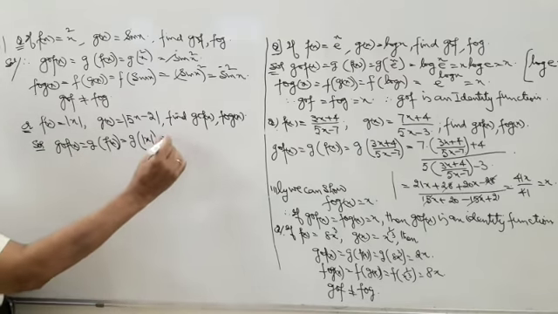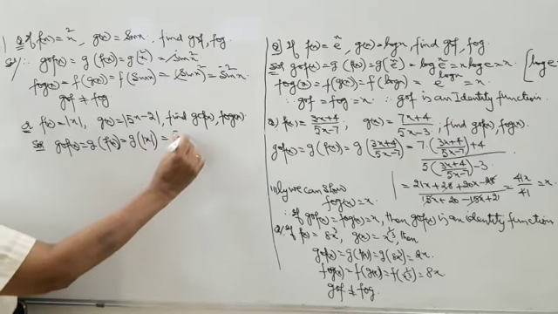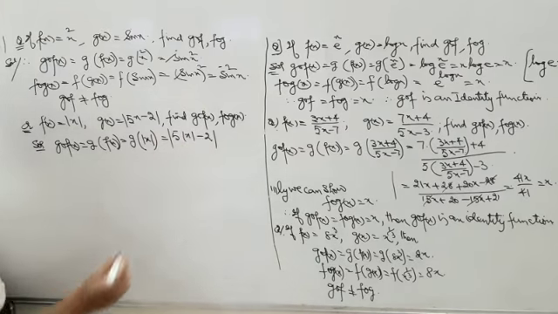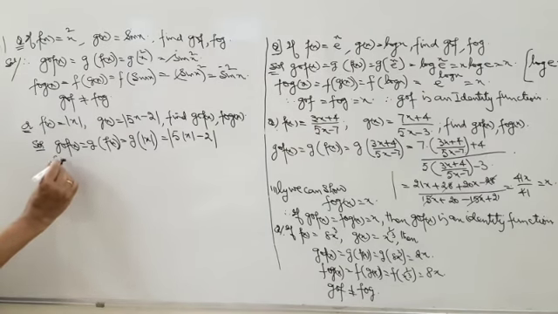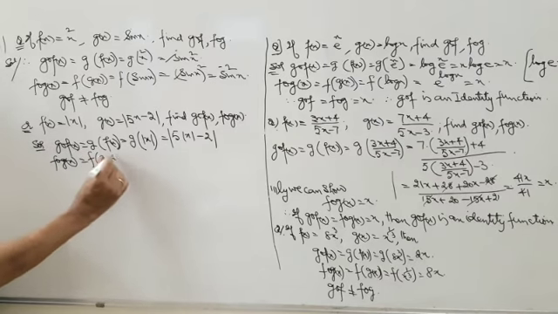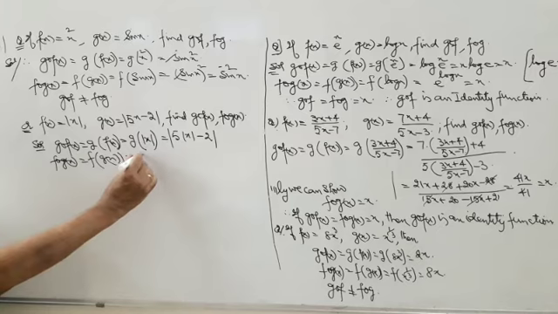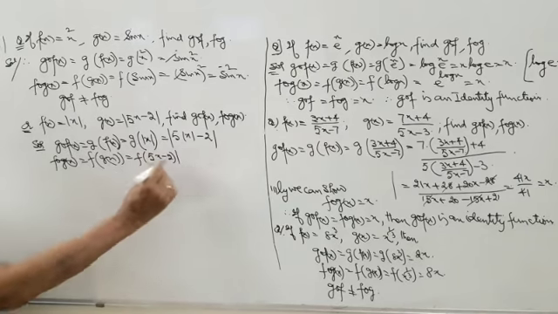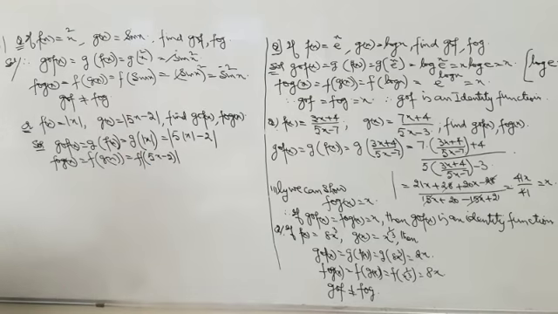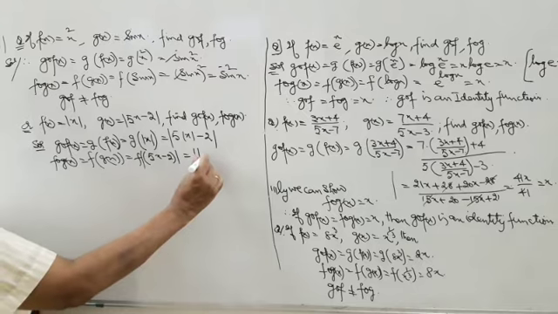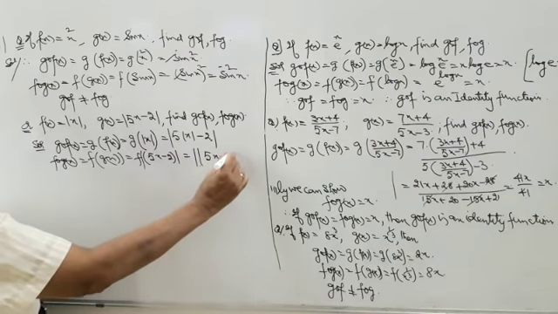So it will be equal to modulus of 5 modulus x minus 2, the modulus. Similarly, f circle g(x) is f of g(x). This is f of modulus 5x minus 2, and this will be equal to modulus of modulus 5x minus 2.